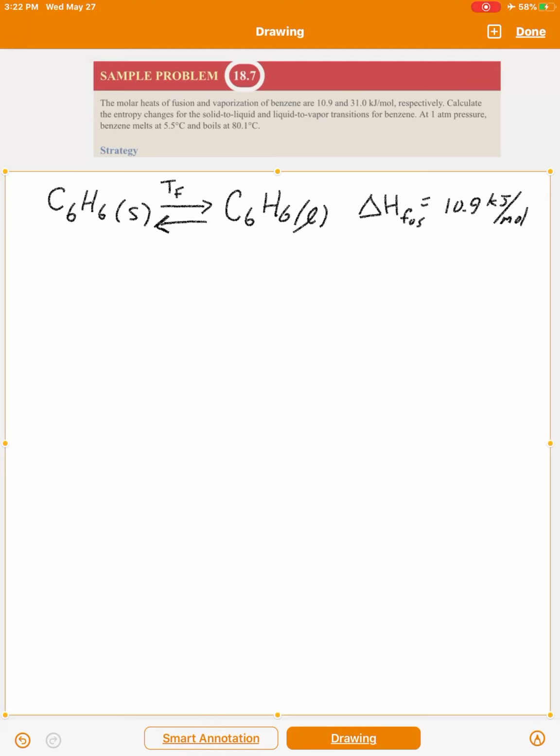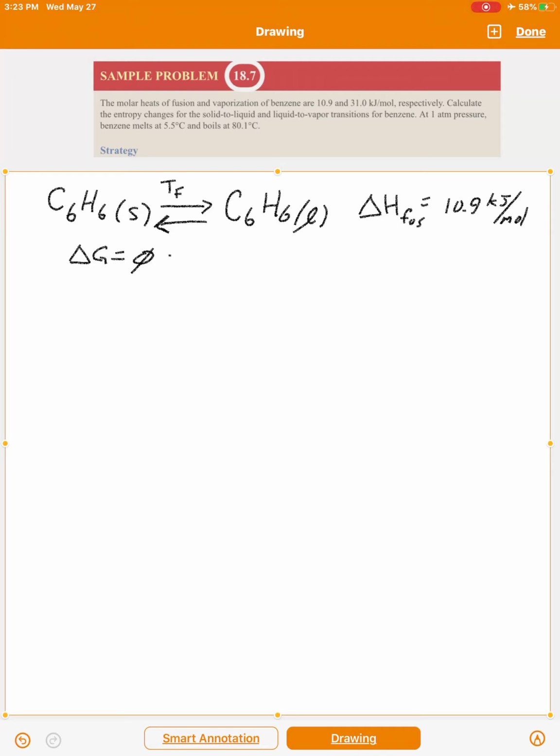Okay? If it's reversible, that means that delta G is equal to 0. We're right at the stage where a little bit of energy in can melt it, a little bit of energy out will freeze it. So it's right on the cusp of being spontaneous or non-spontaneous.